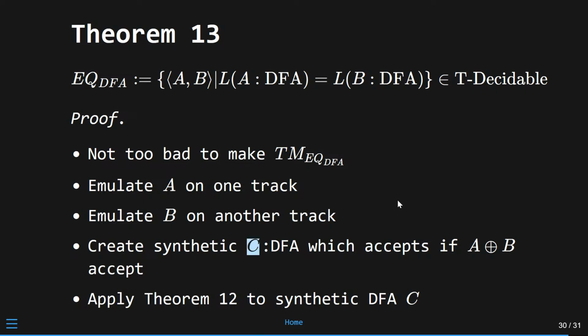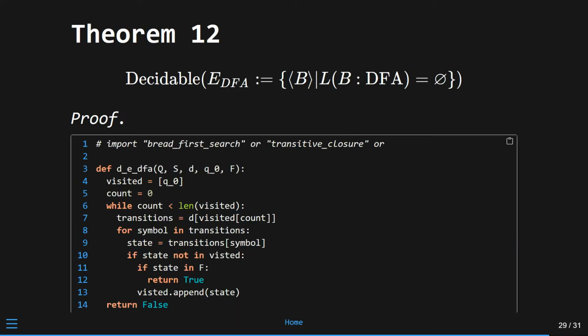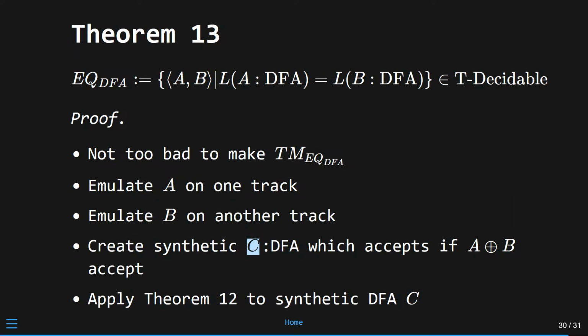Why are we calling it C? We have to call it something, right? So we're going to say, those tapes over there, they're pretending to be DFA C. And then I say, not to worry, I have yet another tape here. This is the emptiness criteria, which I helpfully just proved, right? I just proved I can see if things are empty.